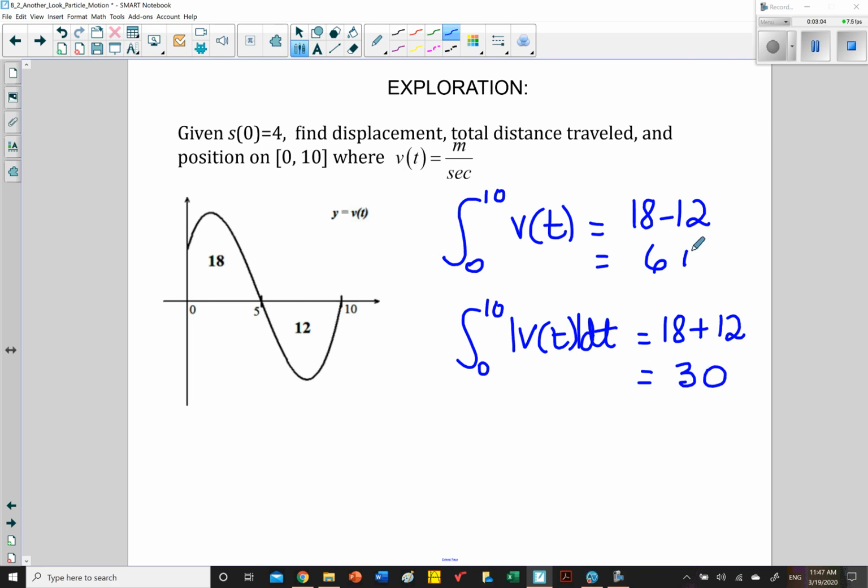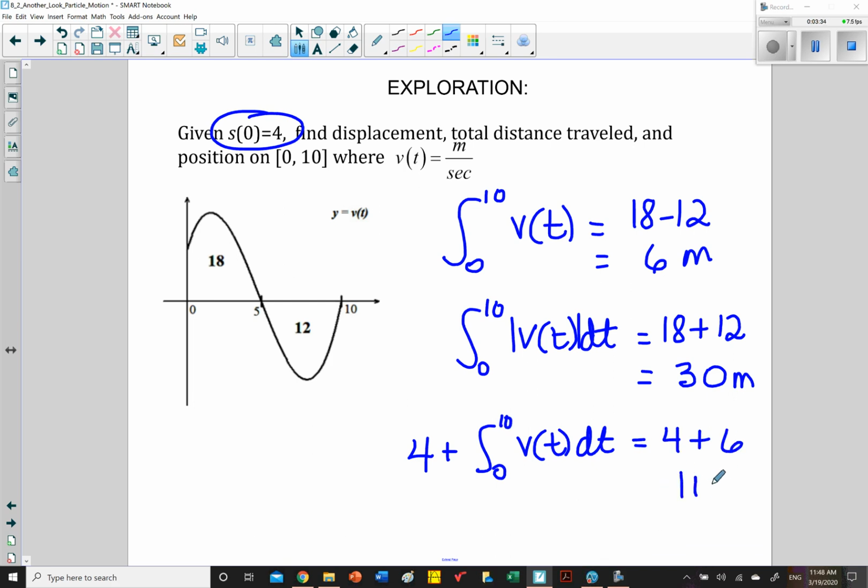This is 6 meters. And then if we want to know the actual position, that would be the initial condition. We started off at 4 initially and accumulated that area from 0 to 10. So the position is 4 plus 6, or 10 meters from its starting point.